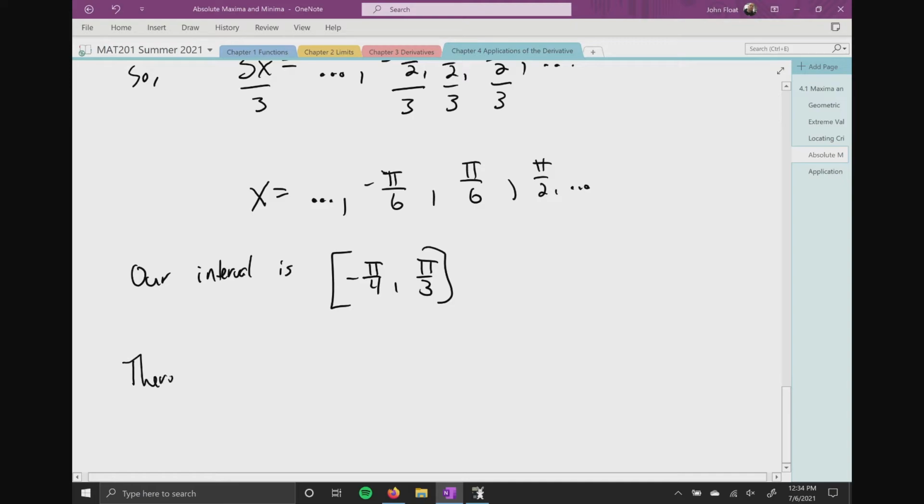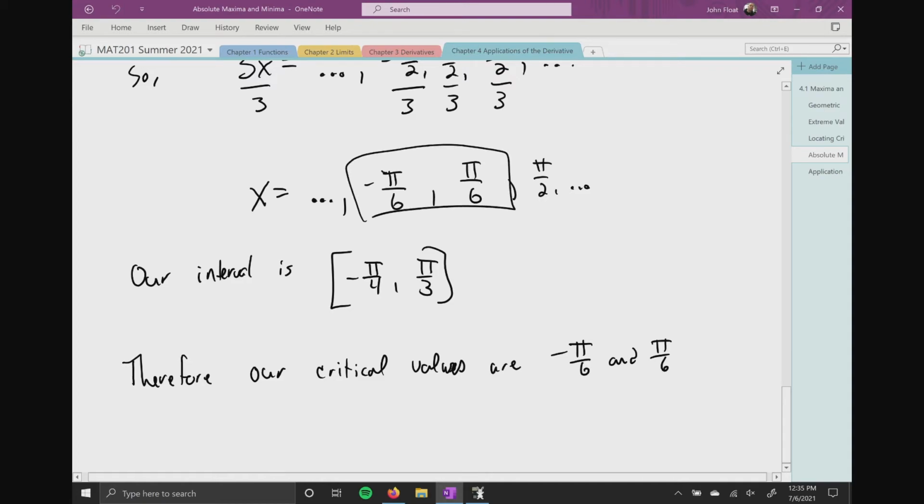Therefore, our critical values are negative pi over 6 and pi over 6. So it's only these two right here in the middle. Anything to the left or anything to the right is going to be outside of the interval that I want.